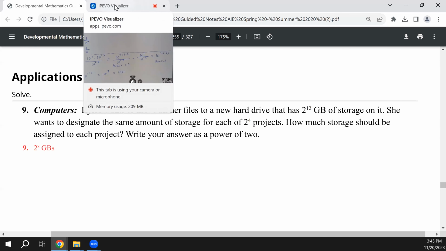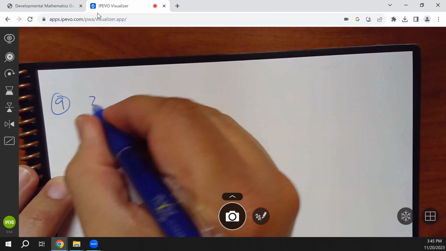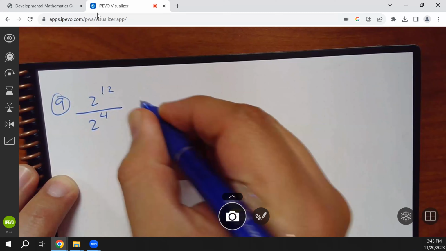So what you would do is take the 2 to the 12 and divide by the projects.